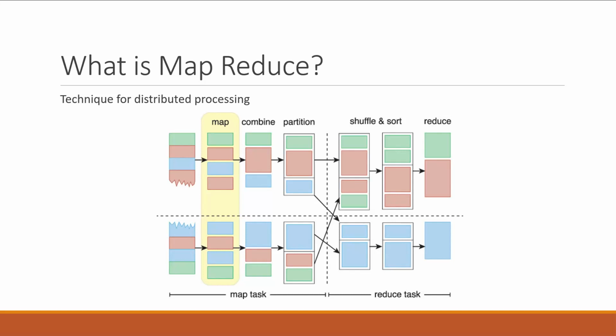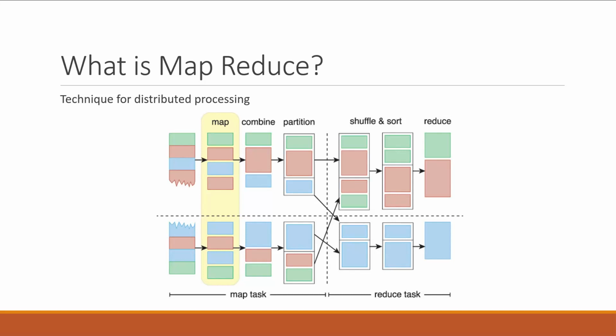So MapReduce contains a number of different phases, but we can generally break these down into what we refer to as the mapping task and the reducing task. The mapping task is the process of identifying the specific data elements we want to work with on each of the individual data nodes, and then doing some sort of pre-processing on those data nodes, so that we can extract the information that we need from an individual node and then move that over to some other node that will be responsible for the primary work on the reduce task.